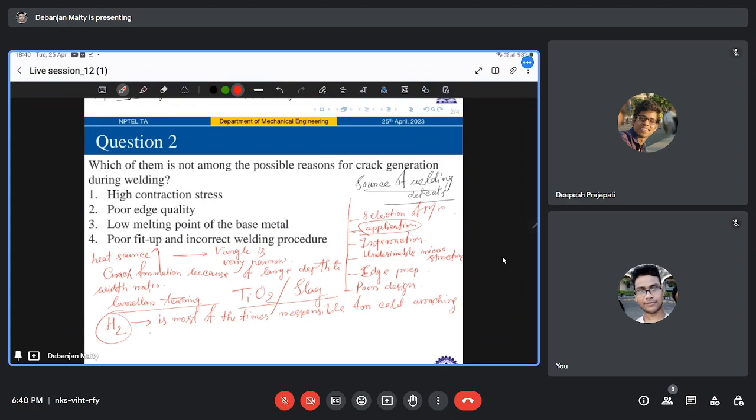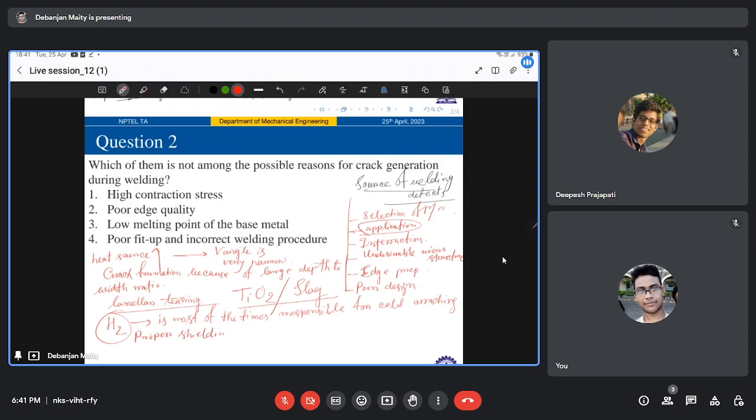So you will have to have some control on the presence of hydrogen inside the weld, and we do that by doing some shielding, or so you should have some proper shielding, or you can do some welding in an argon gas environment.